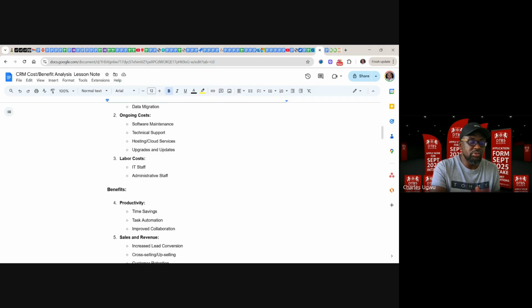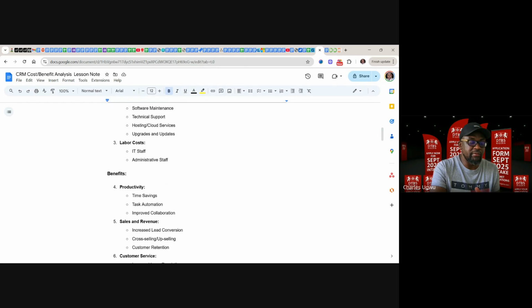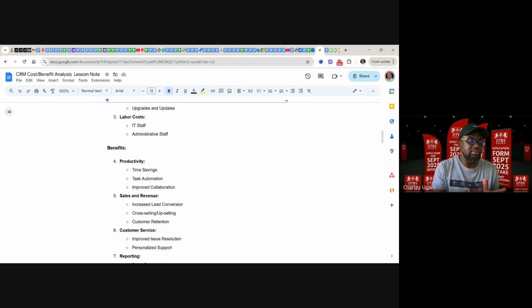If you want to look at some of the benefits when a CRM system is implemented, you can look at productivity: time savings, task automation, improved collaboration.